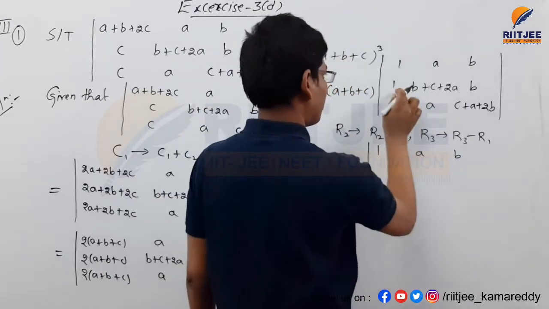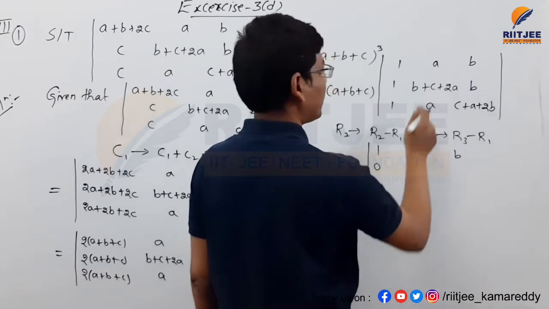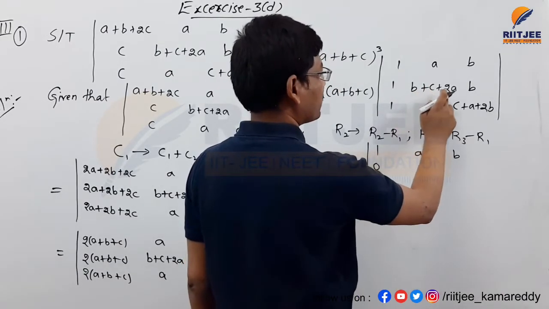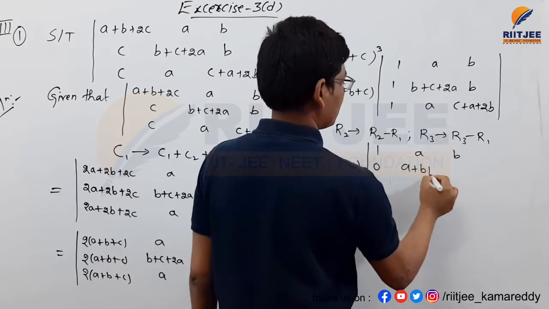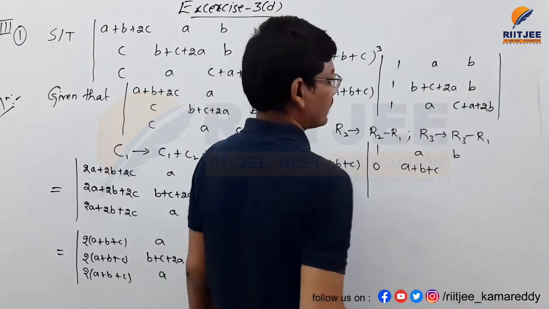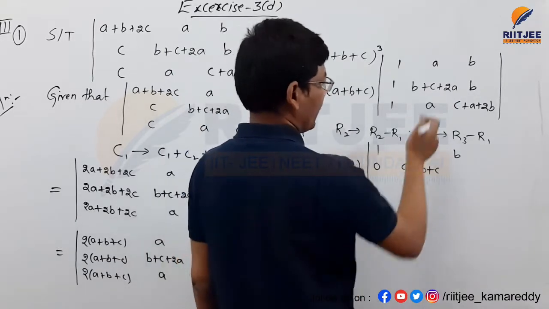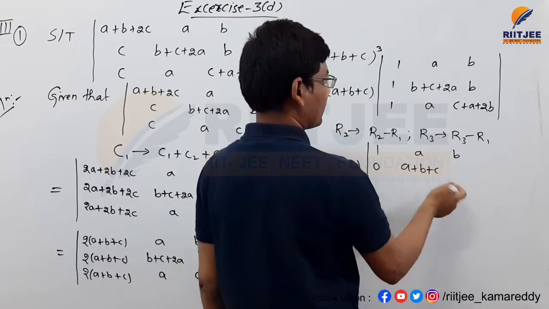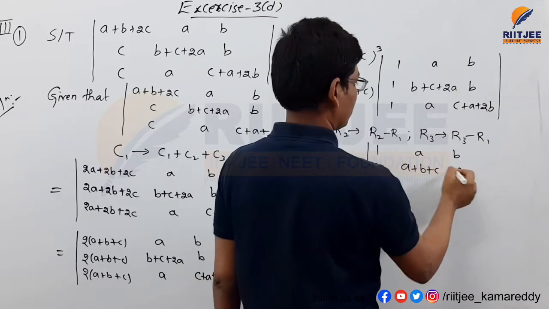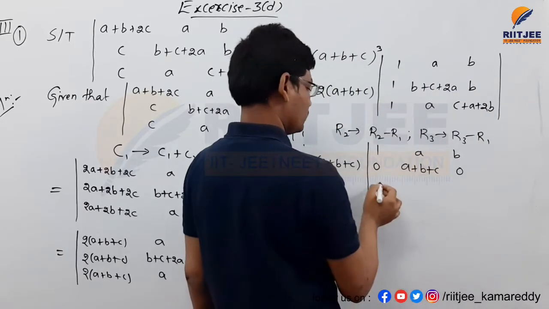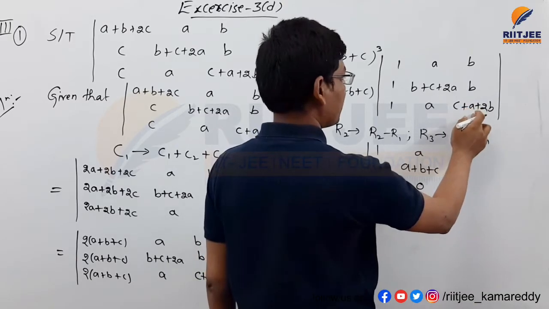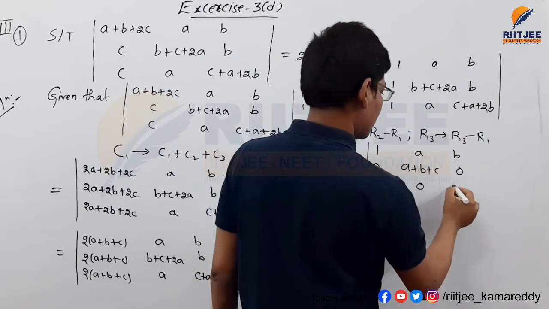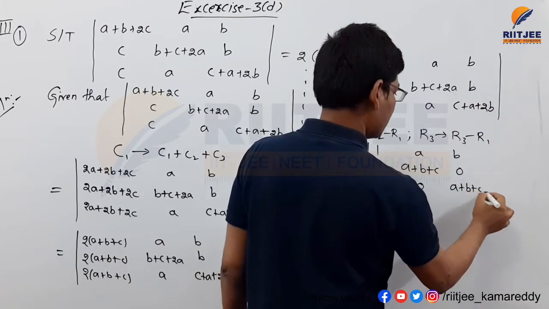So 1 minus 1 is 0, and b plus c plus 2a minus a is a plus b plus c. b minus b is 0, 1 minus 1 is 0, a minus a is 0, and c plus a plus 2b minus b becomes a plus b plus c.